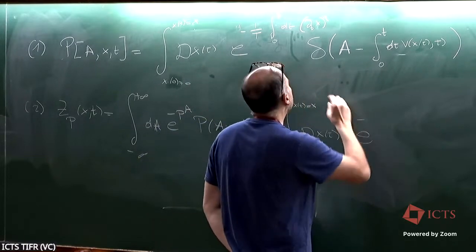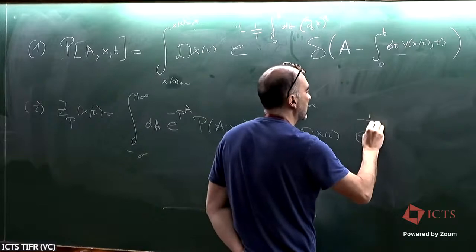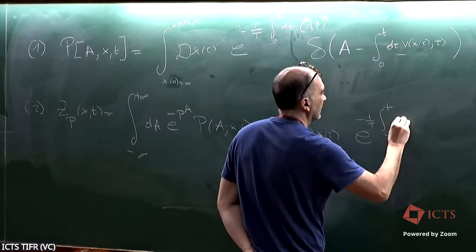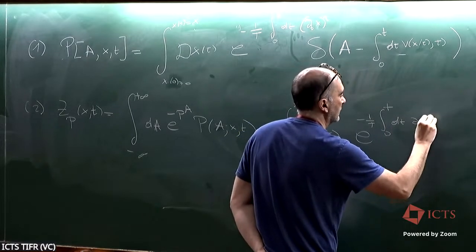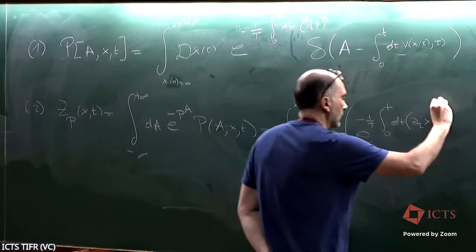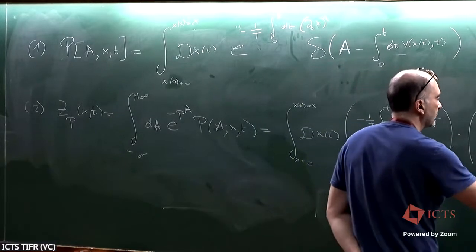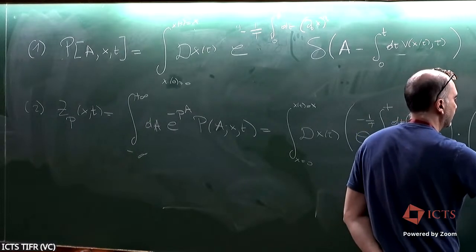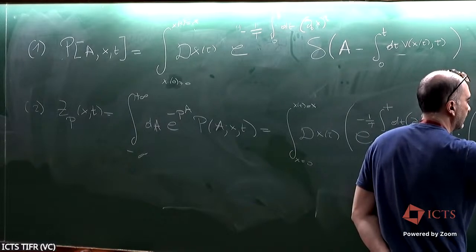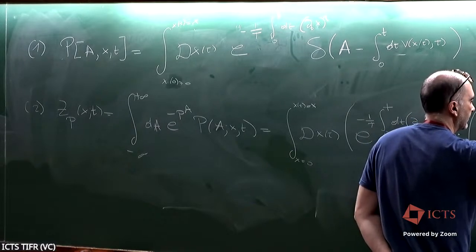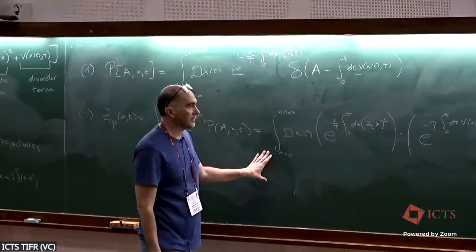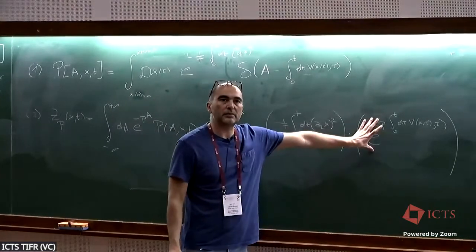Then I have the weight of the path, which is this one, times the observable. So this means that now I'm summing only over the free paths, and this became an observable, okay?